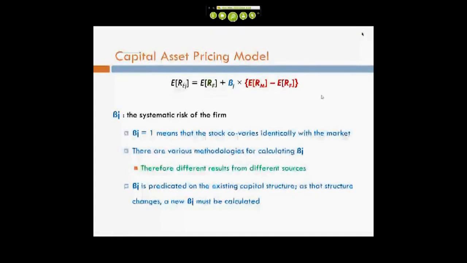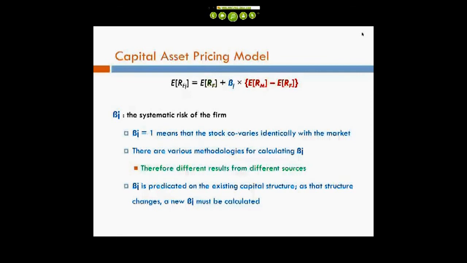And then there's beta. A beta of 1 for a given stock means that that stock co-varies with the market. Which means if the market is going up 6% on a day, you don't think of it every day. Every day there's different dynamics. But over time, if the market's going up a certain percentage, that stock's expected to go up the same percentage.